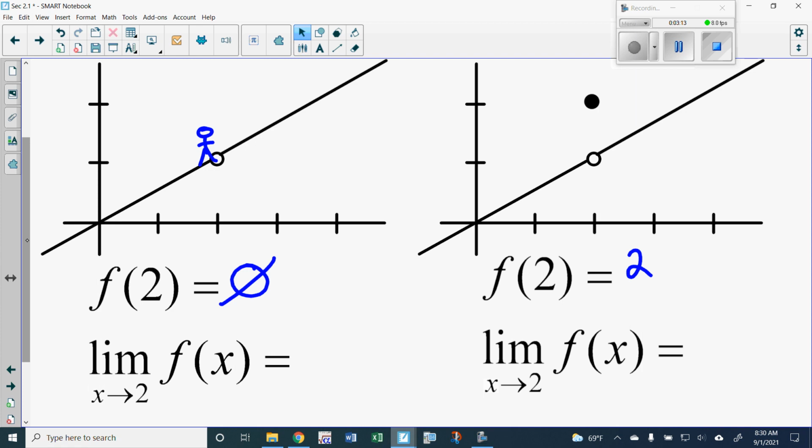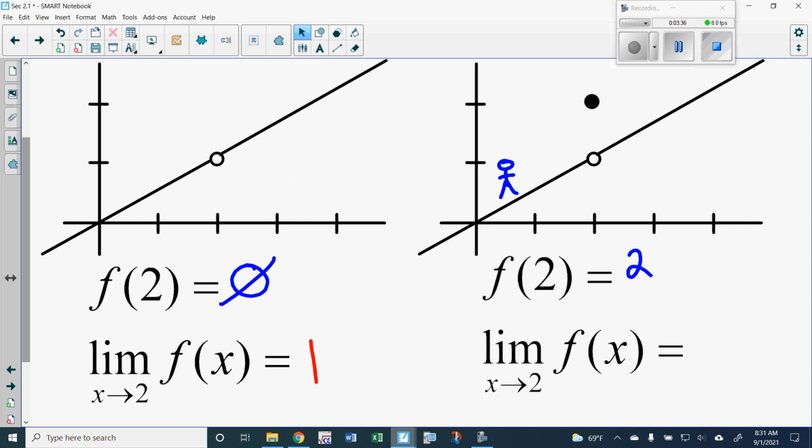What value do they get close to? 2. The y. What do they get close to, the y value? 1. So as they get close to 2 on the x-axis, they get close to 1 here. And it doesn't matter if they are moving this way or they're moving this way, they get close to 1.